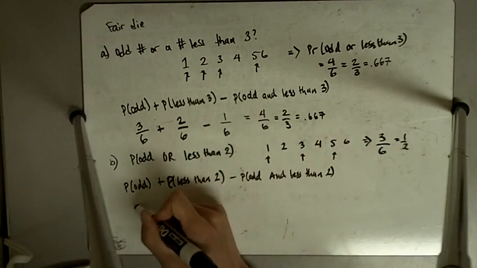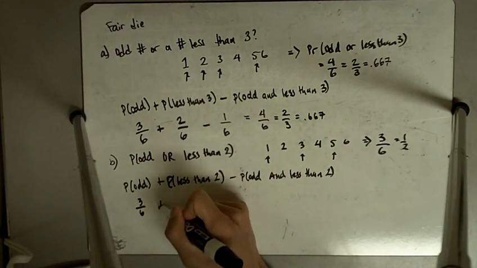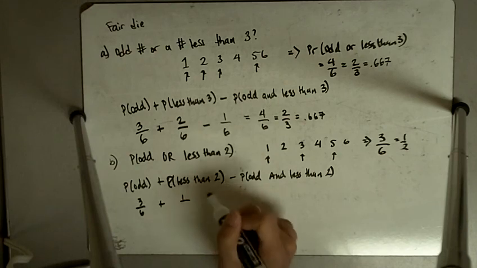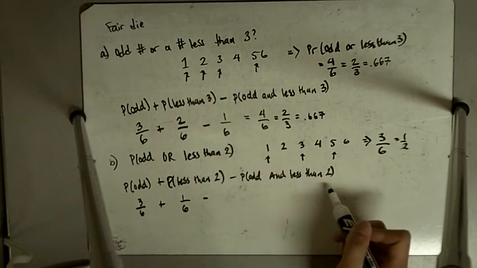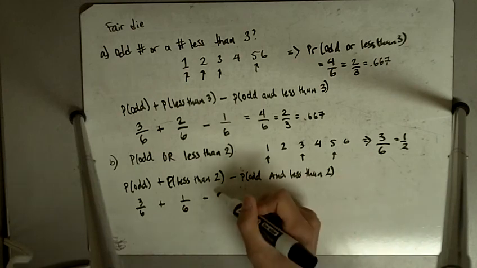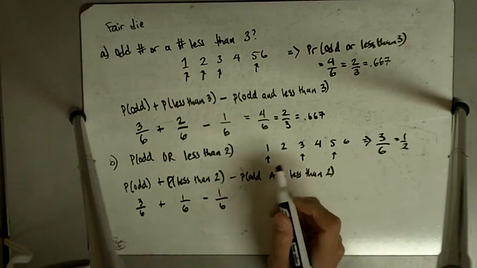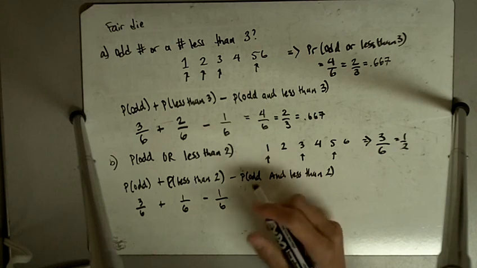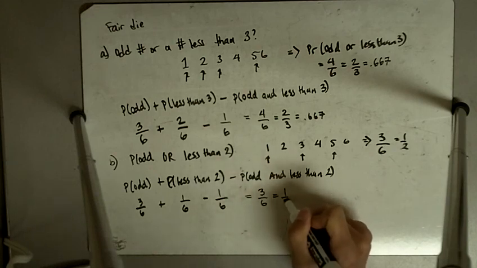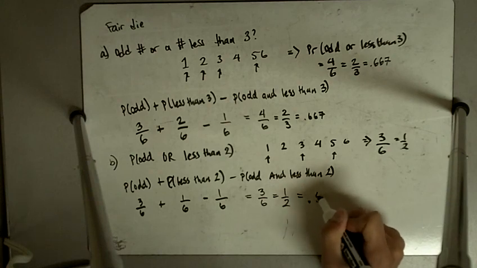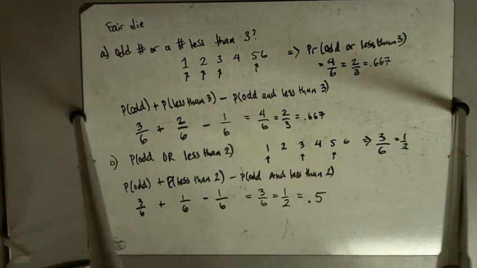Okay, so there's 3 out of 6 that are odd, 1 out of 6 that is less than 2, and any odd numbers that are less than 2, well, there's only one number that's odd and less than 2. So again, we have 3/6 plus 1/6 minus 1/6, which again gives me 3/6, or 1/2, or probability of 0.5, which matches what we got before.